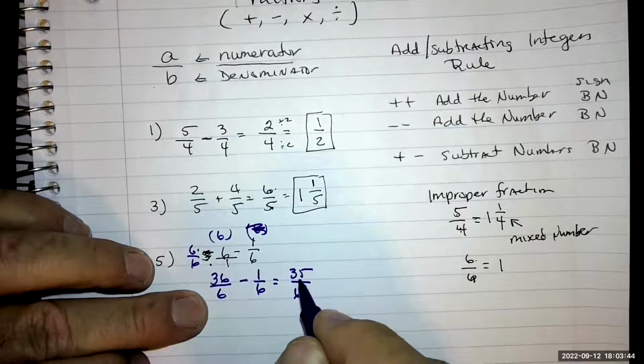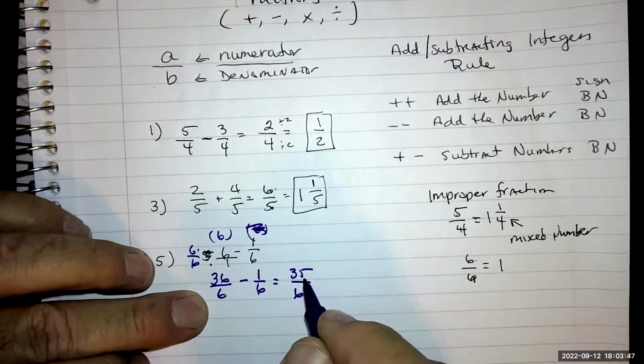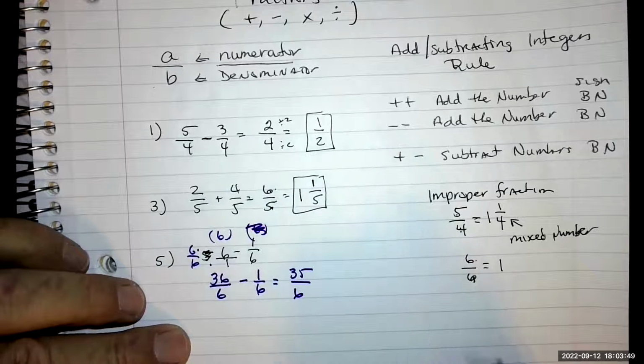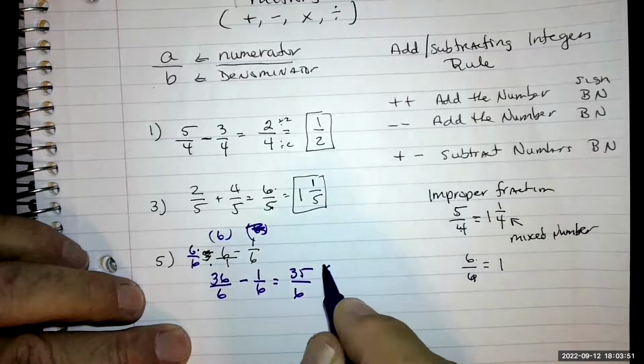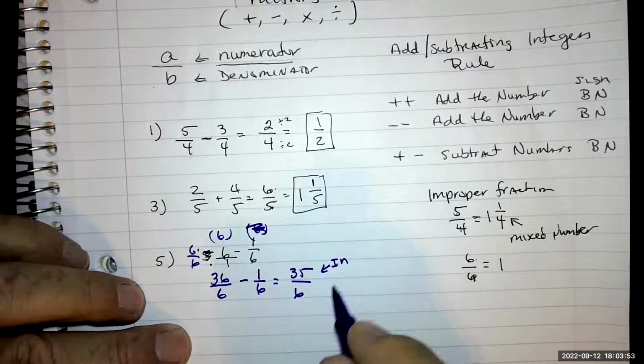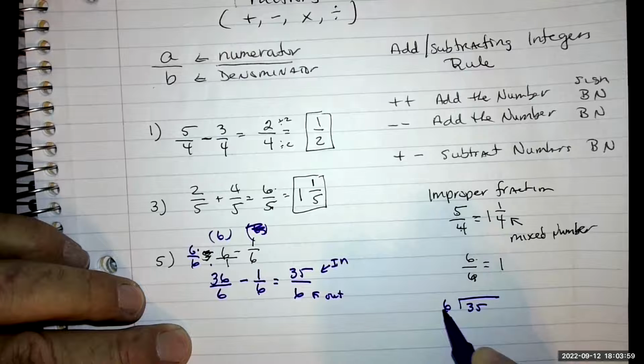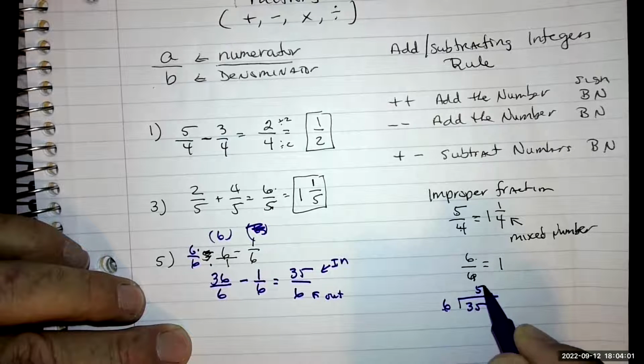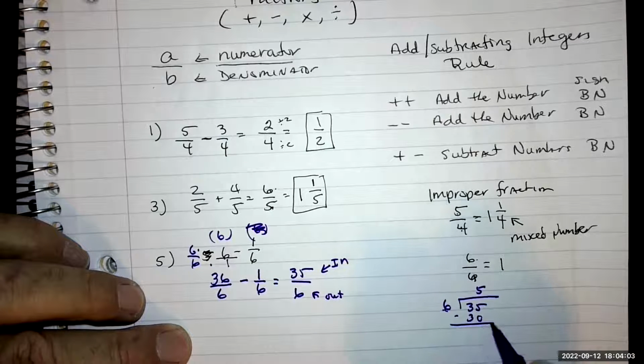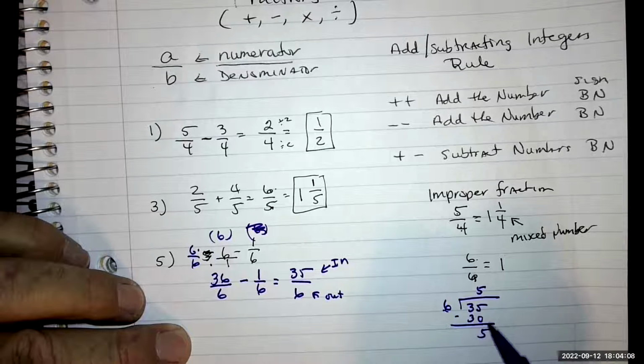Now, how many times does 6 go into 35? If you don't know, you could divide this, this goes inside the box, this goes outside the box. 6 goes into 35 5 times, and then I have 5 left over. I'm not going to use a decimal here; we'll leave it as a mixed number.